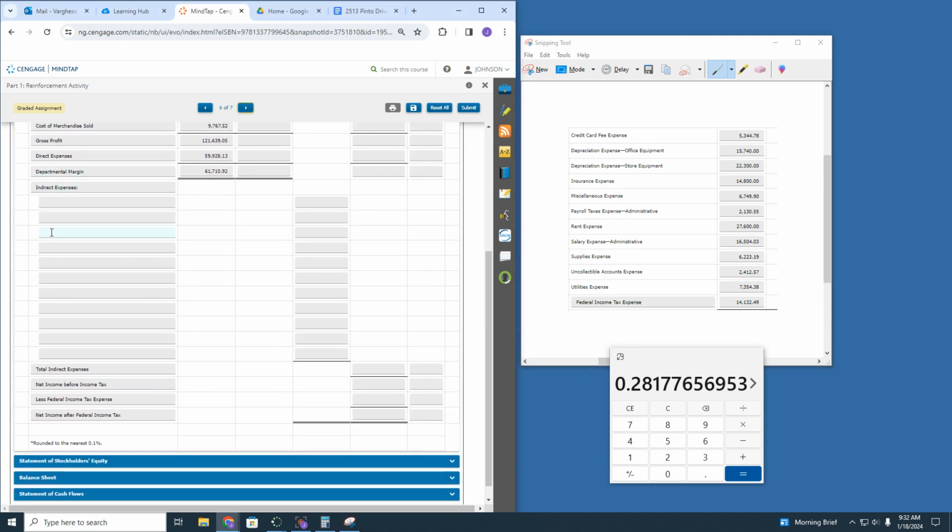And let's see, 1, 2, 3, 4, 5, 6, 7, 8, 9, 10, 11. Yep. All right. So these are all my indirect expenses. I'm just going to list them out as they appeared on the adjusted trial balance.